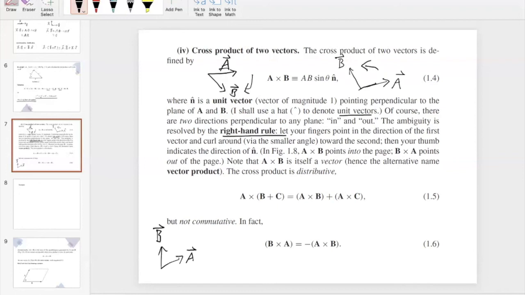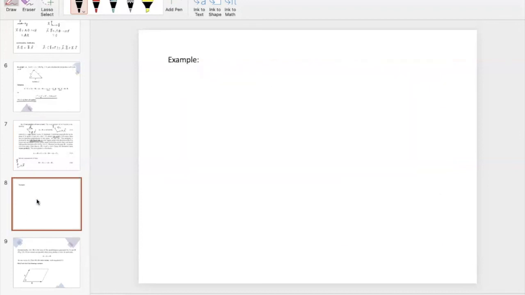But B cross A results in a vector which is into the page. So they're completely opposite directions. So B cross A equals the negative of A cross B, because the direction is completely different.